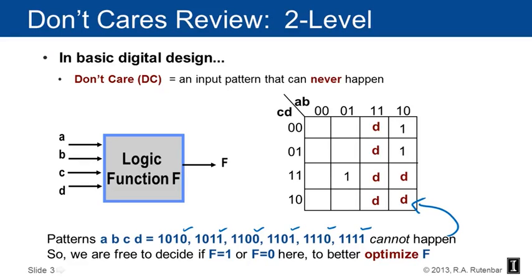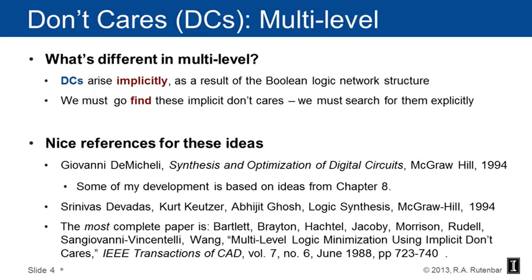And so we're free to decide if F is a 0 or F is a 1 here because those things don't happen. That output is not going to happen, so we get to decide what the function should do to simplify things. And it's clear that we can simplify things much further. With all these don't cares, I can circle some nice big circles in the Karnaugh map. So that's probably what you know about don't cares so far.